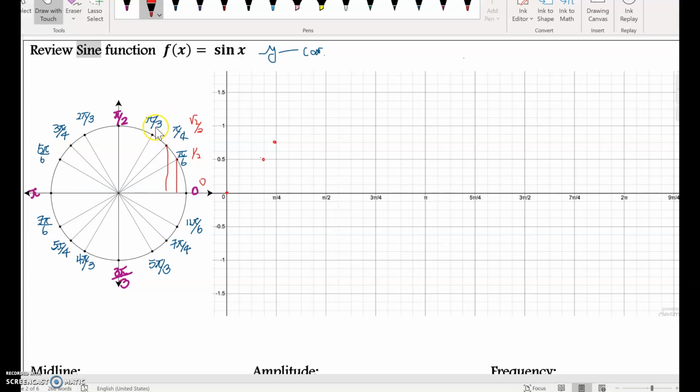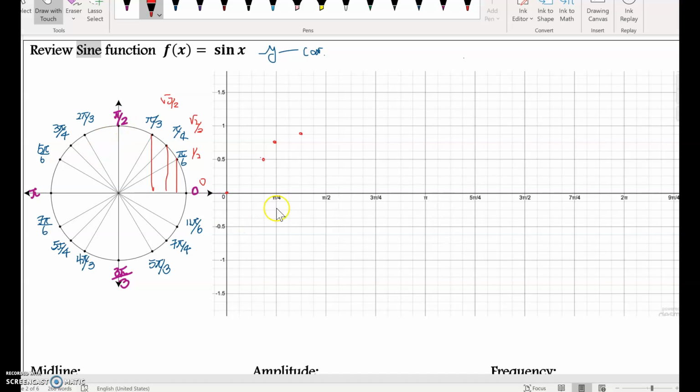And at pi over 3, which is 60 degrees, the vertical distance would be radical 3 over 2. And we go straight across. Now pi over 3 is 60 degrees, and we know this is 90, so it's probably going to be somewhere over here. So I'm going to put a dot over here.